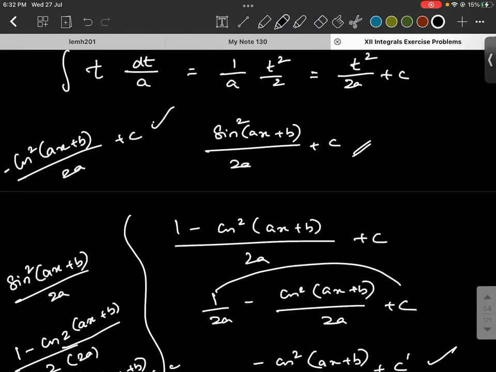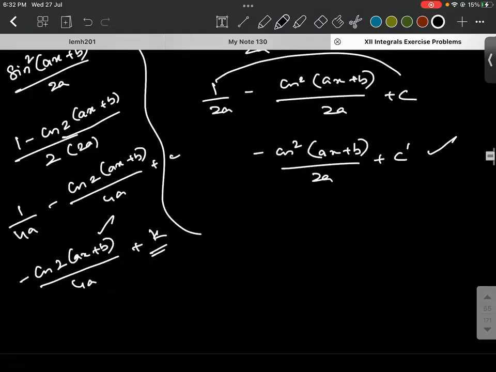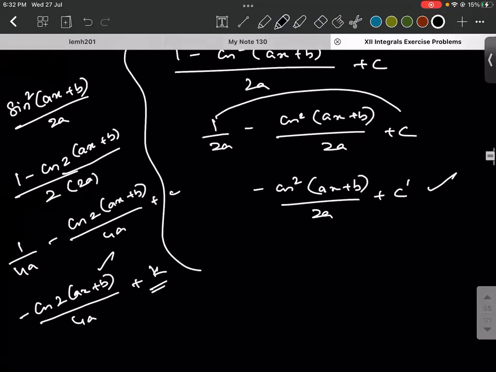Whether you write this, this, or this, you will get marks as long as your approach is right. Shall I proceed, or do you want to copy this idea?